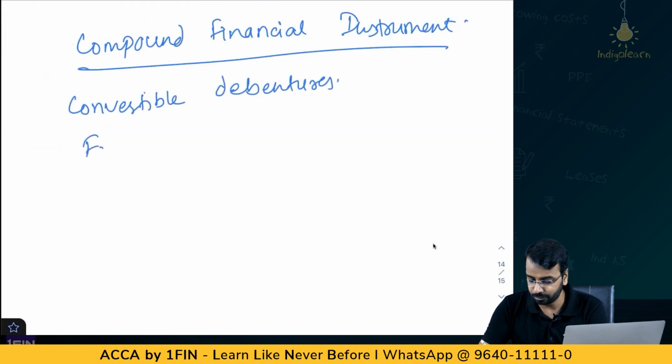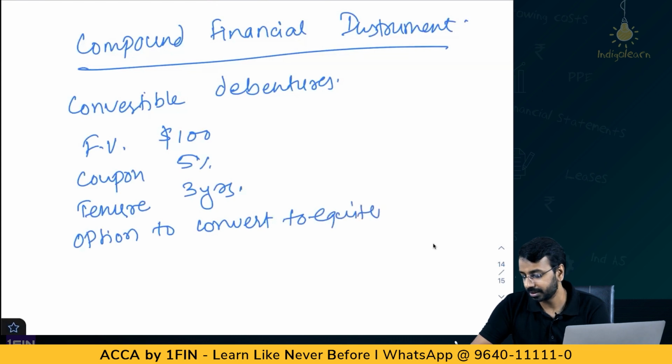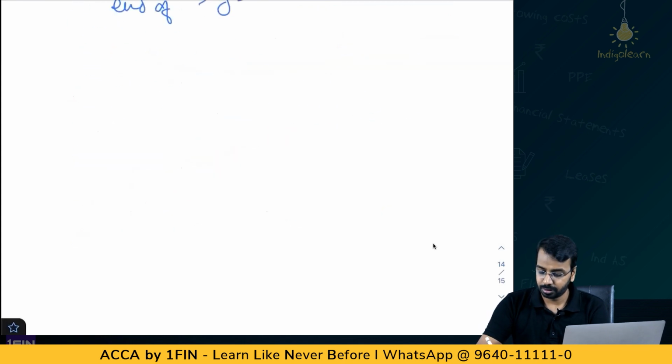Okay, face value 100, coupon 5%, tenure 3 years, and option to convert to equity at the end of the tenure.